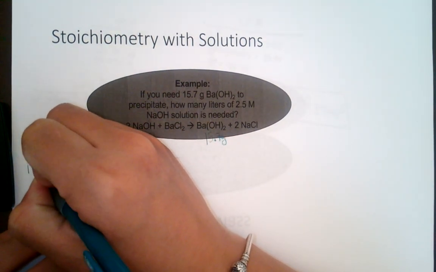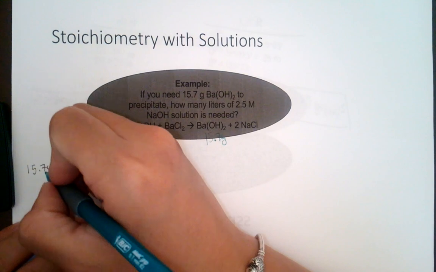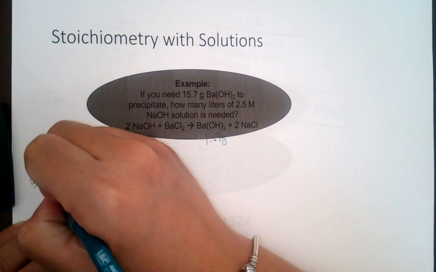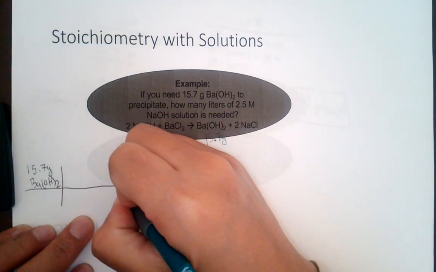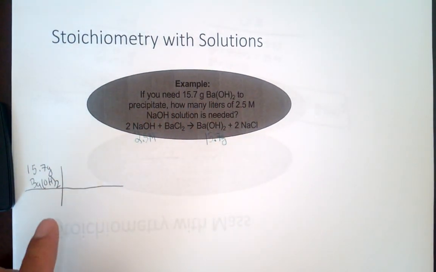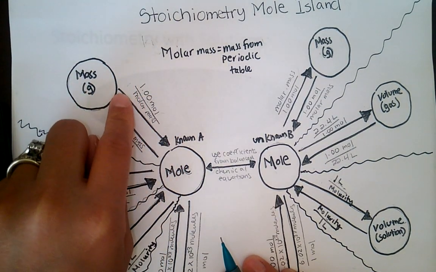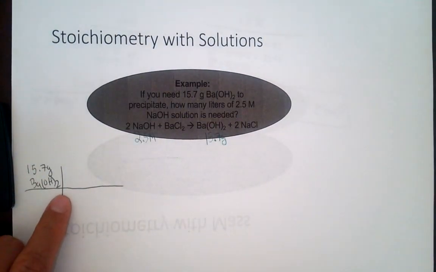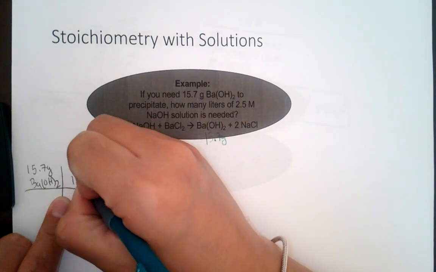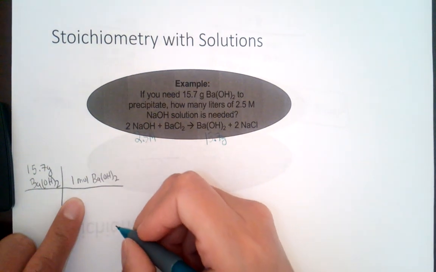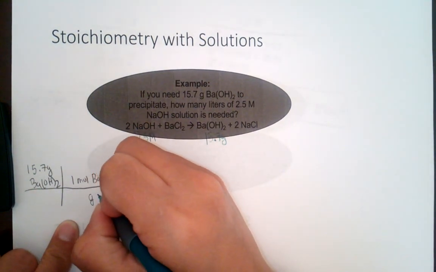So we start off with 15.7 grams of BaOH2. All right, so I am going to go down to moles, and I'm using the top one, which is 1 mole over the molar mass. So 1 mole of BaOH2 over the mass of BaOH2.